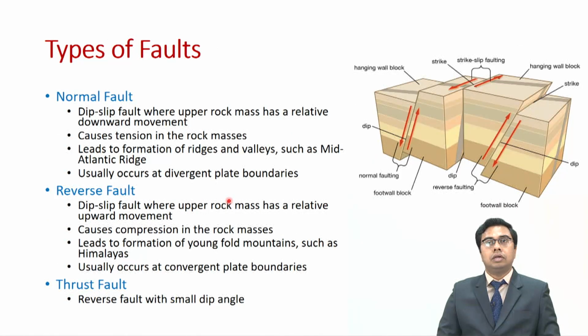Let us further look into different types of faults. First, we will look into different types of dip slip faults. So, in these cases, the relative sliding occurs in the direction of the dip. If the two rock masses on either side of the fault move towards each other... among the dip slip faults, we have normal fault where the upper rock mass has a relative downward movement.